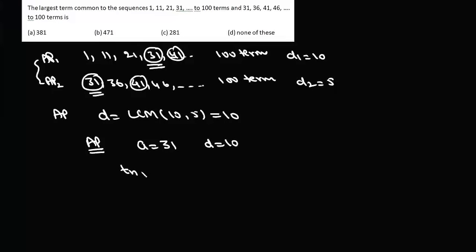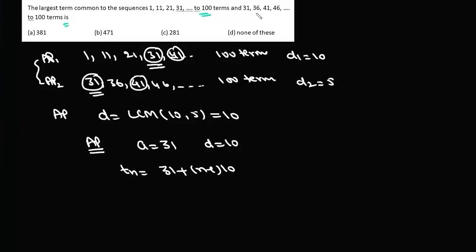Now its general term Tn will be given by A plus n minus 1 into D. So it will be 31 plus n minus 1 into 10. Now we need largest term common to the sequence. Now largest term common to the sequence will be less than or equal to minimum of last term of the two sequences.